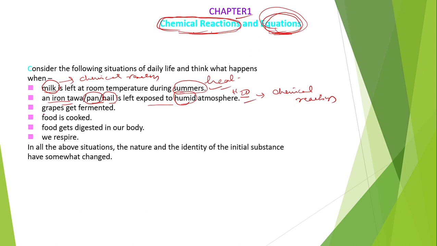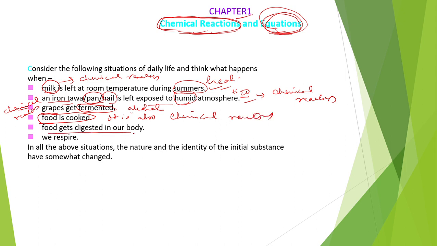Third, grapes fermented. That means from grapes they have prepared alcohol. That means it is also a chemical reaction. Food is cooked. It is also a chemical reaction.